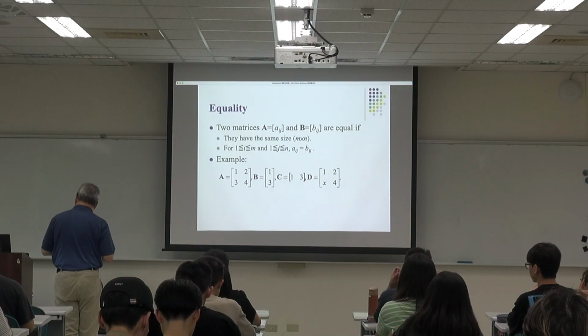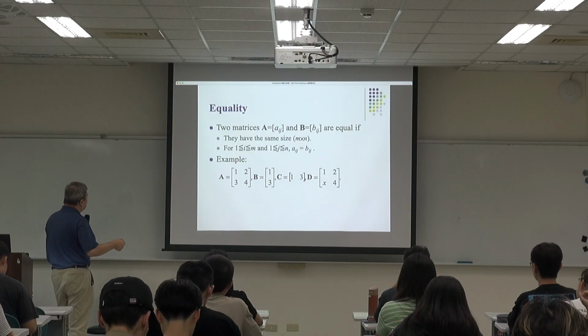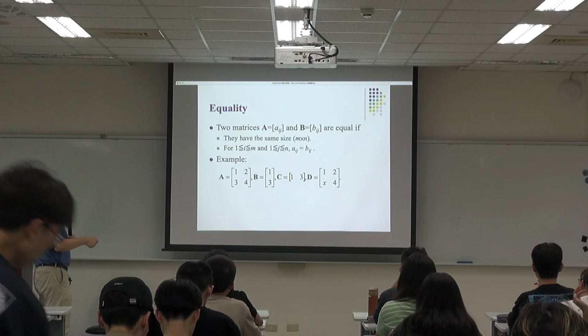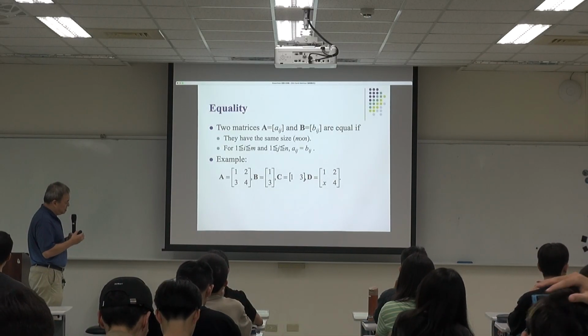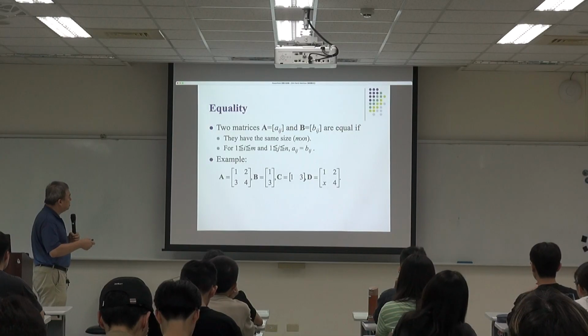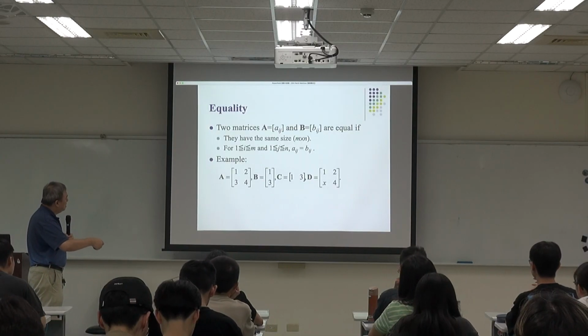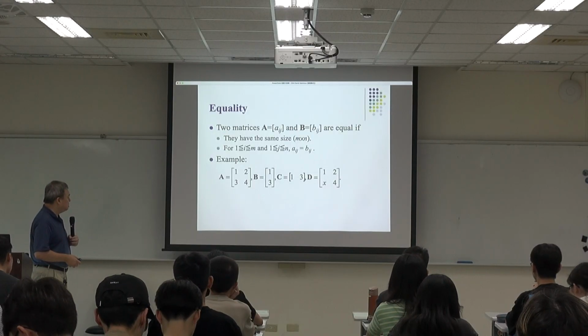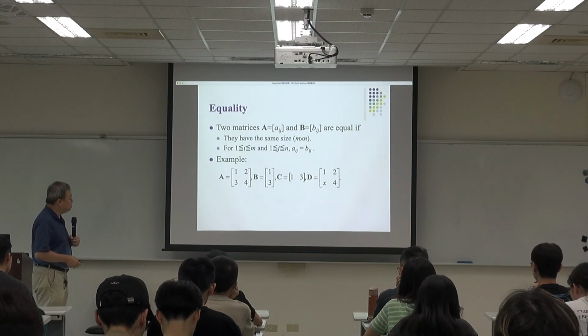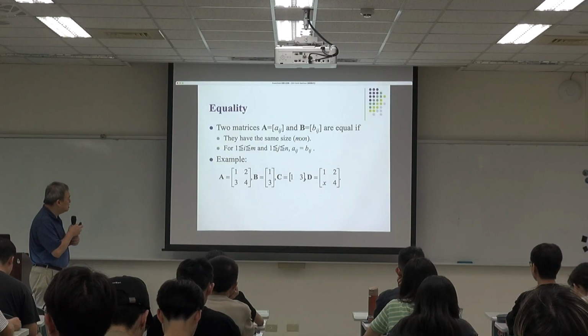So that's the first thing. The second thing is, for every corresponding element, they should be the same. So these two have to be true for two matrices to be considered equal.